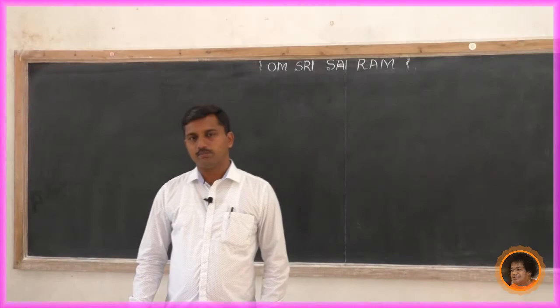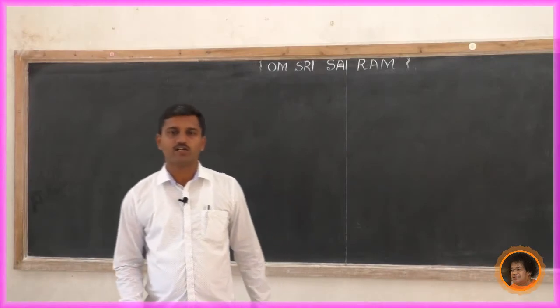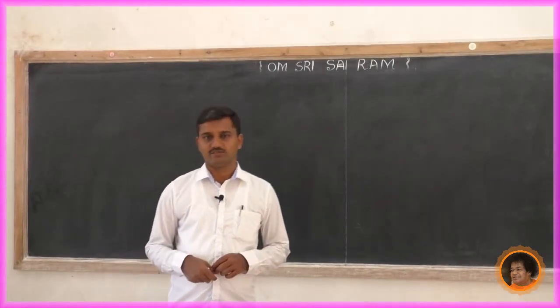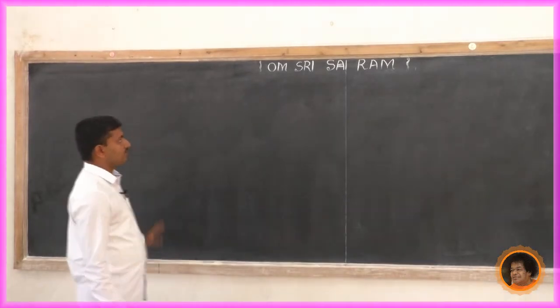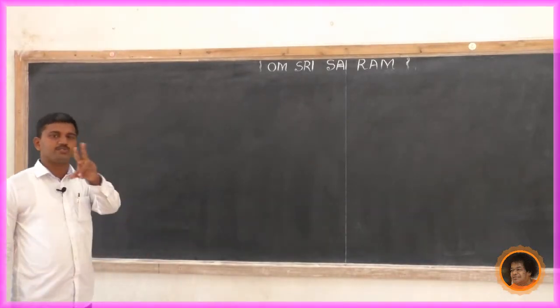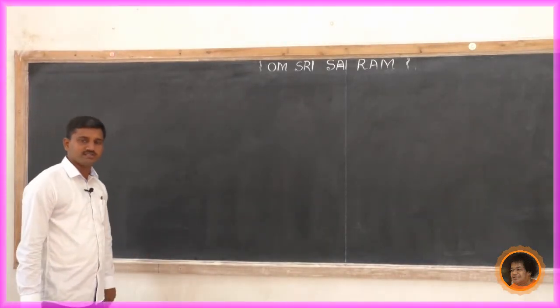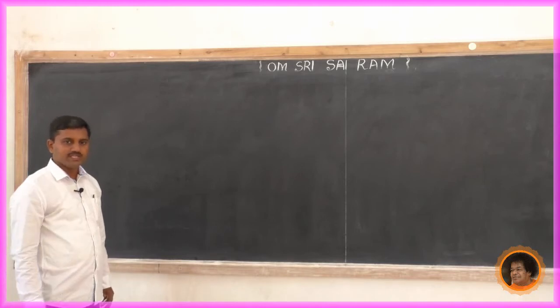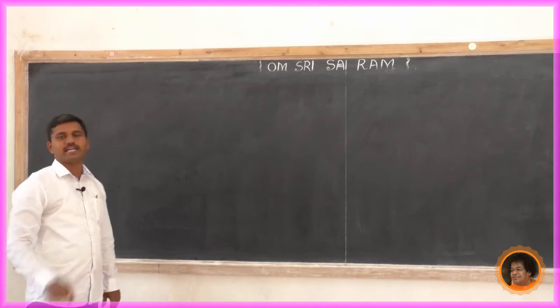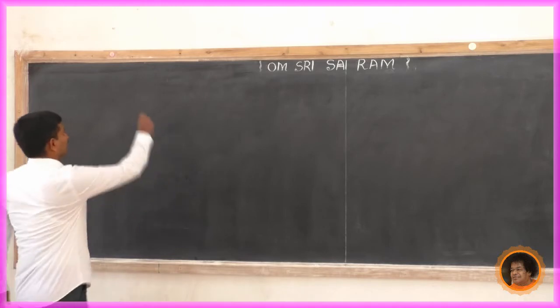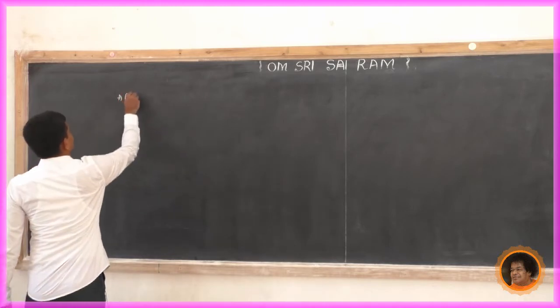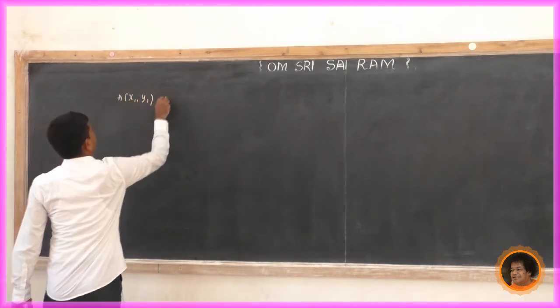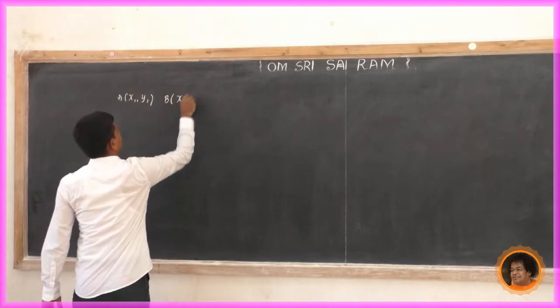Dear students, before winding up the lesson, we shall recall what we learnt in this lesson. In coordinate geometry, how to find the distance between any two points on the Cartesian plane if the two points are x1, y1 and x2, y2? Let the point A be x1, y1 and the point B be x2, y2.